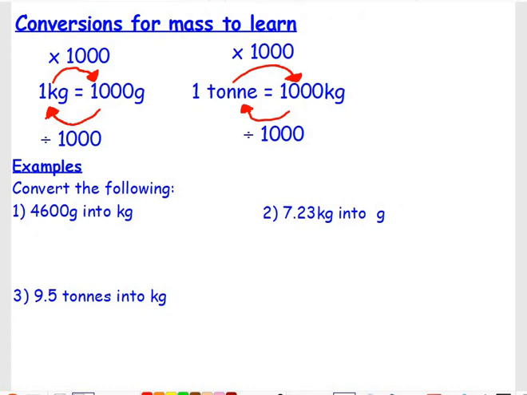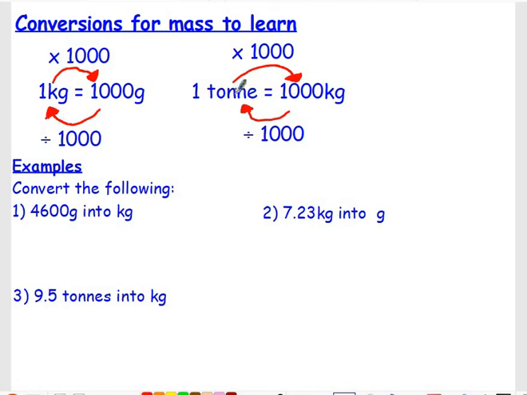And then finally, conversions from mass to learn. Okay, so mass or weight. 1 kilogram is the same as 1,000 grams. So to get from kilograms to grams, we times by 1,000. To get from grams back to kilograms, we divide by 1,000.